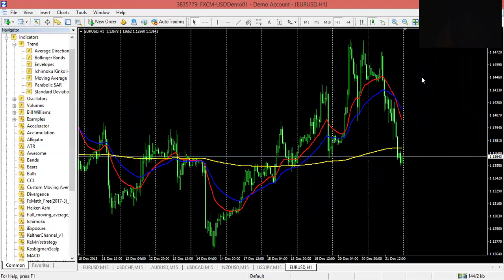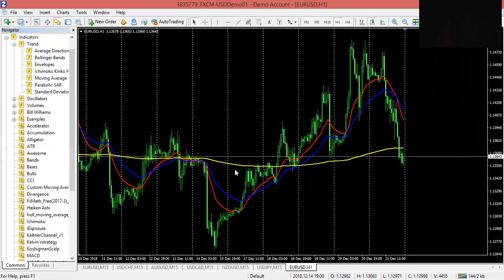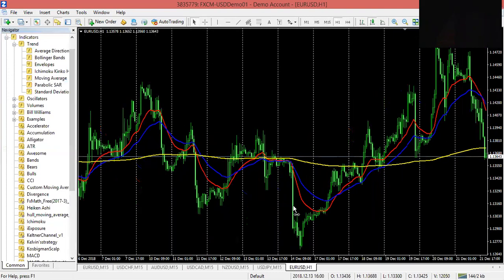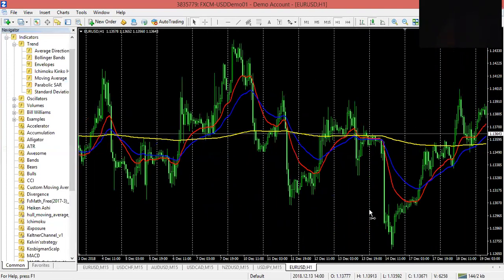So you can see. Remember my yellow is 200, my blue is 20, and red is 10. Exactly. So whichever you like, it depends on you. It depends on your patience.